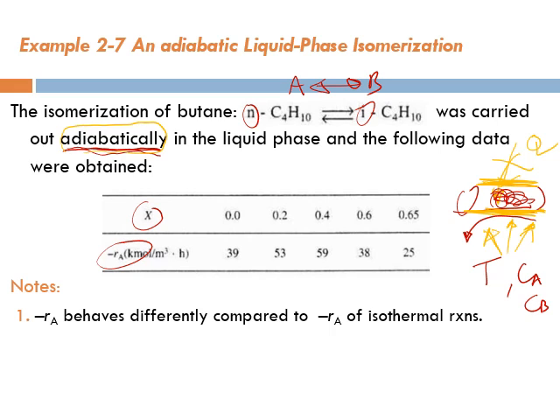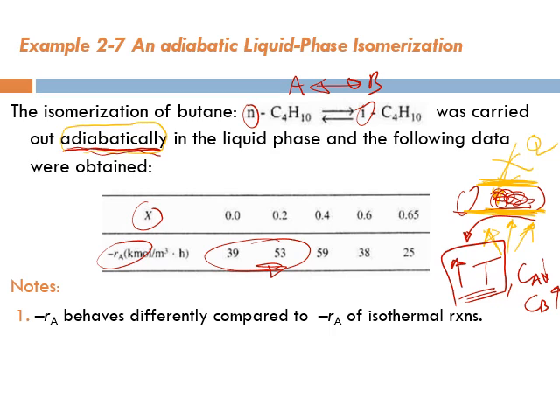But in this specific case we're talking about, we see that the rate of reaction is increasing, despite that the concentration of A is decreasing and concentration of B is increasing. So if the rate of reaction is increasing, that means the temperature must be increasing. That's why the rate of reaction is increasing.